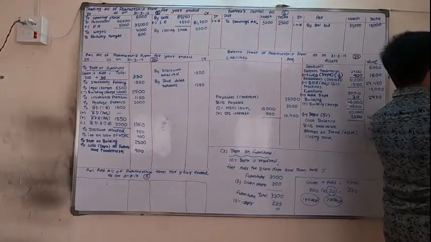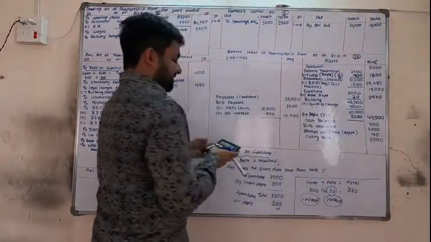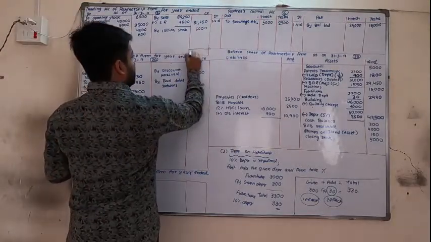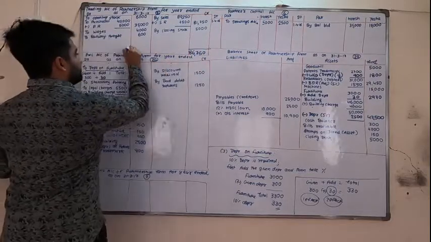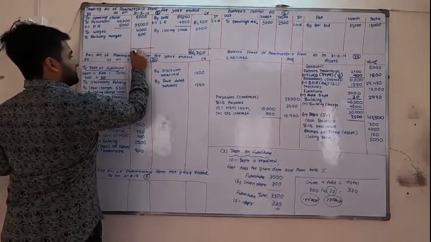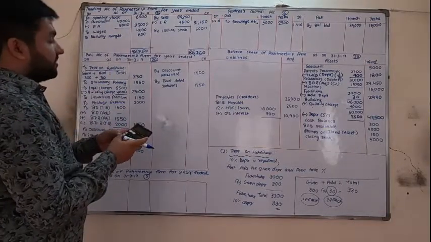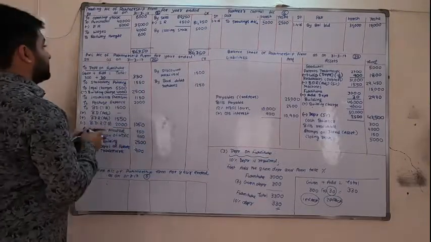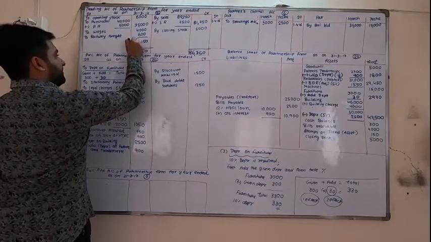Now closing the sum. 81,750 plus 5,000 is 86,750. 86,750 minus 6,000, 35,000, 4,000 and 600 is 41,150.